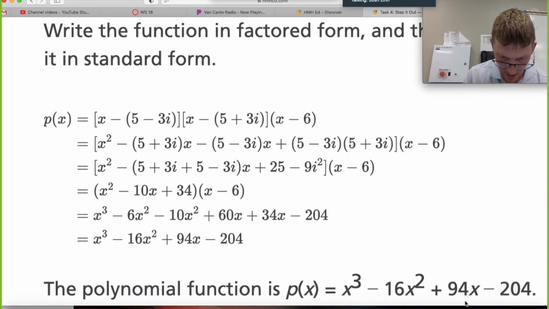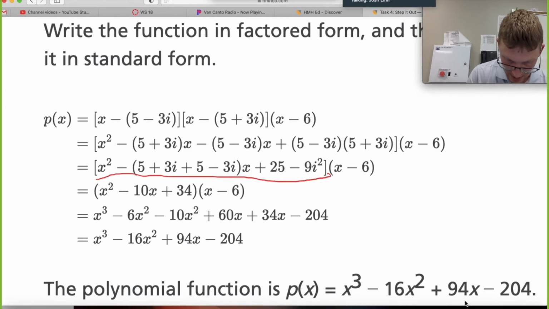So then we simplify. Now remember, anytime you have an i squared, it's going to turn into a negative 1. So they combined like terms and found their i squareds right here. When they turned all of their i squareds into negative 1s, those turned into just constants, and these i's should cancel out.